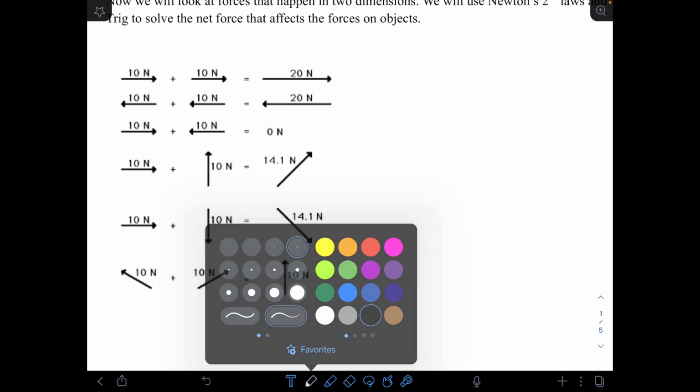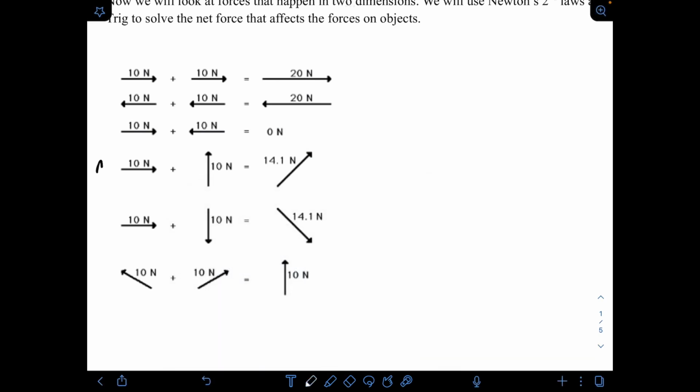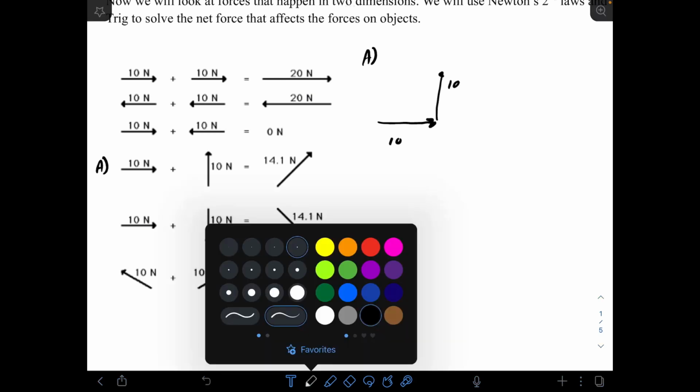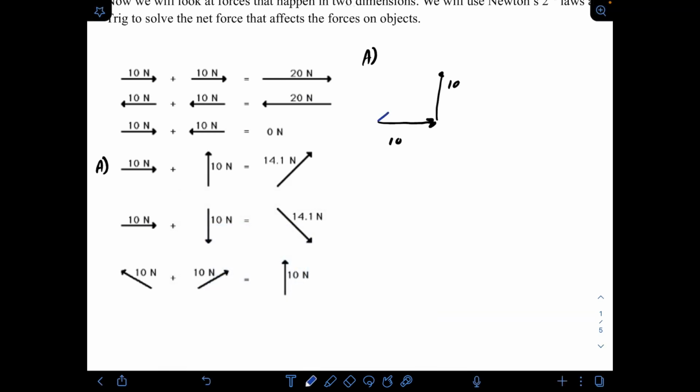So what we have here, let's call this A. And what's going on is we have to remember that we're adding things in triangles or using trig when we do this. So here we have a 10, and here we have a 10. And then what we're looking for is the net force, or this right here. And we get that by doing Pythagorean theorem.